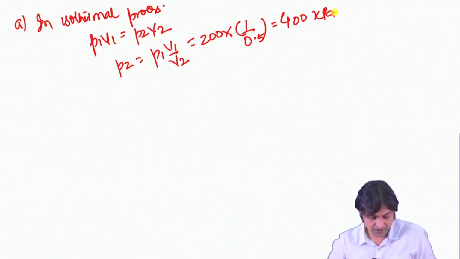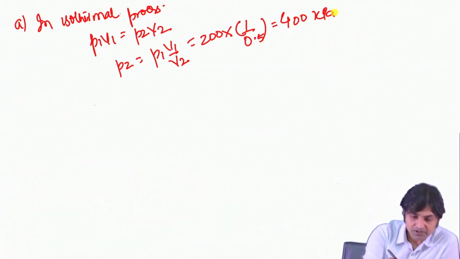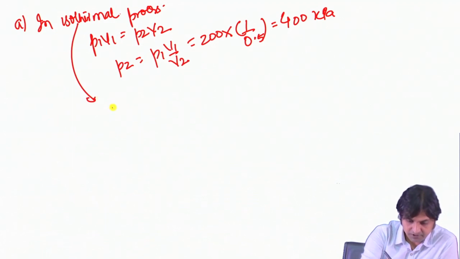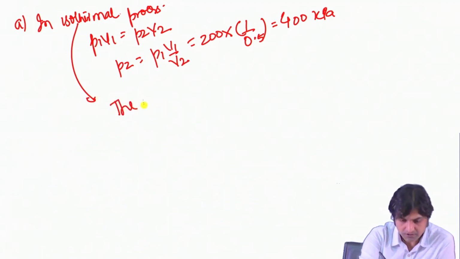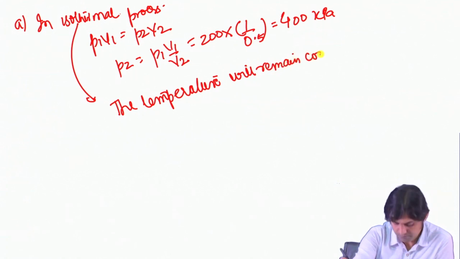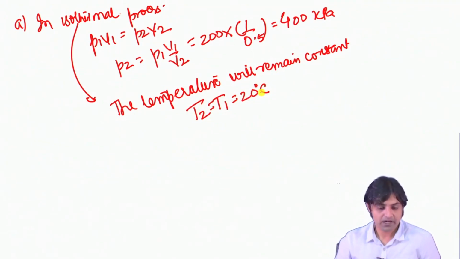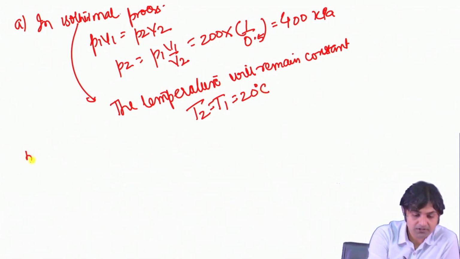Because everything is given here. Because this is isothermal process, temperature will remain constant. And therefore T2 is equal to T1 is equal to 20 degrees centigrade. Right. The second part, in isentropic process.